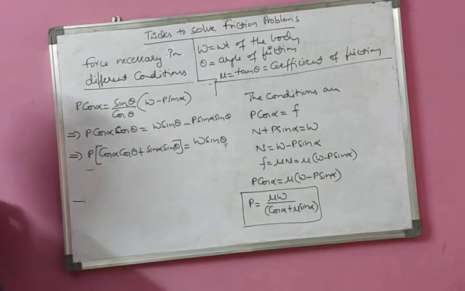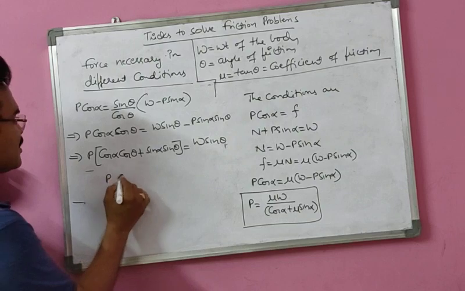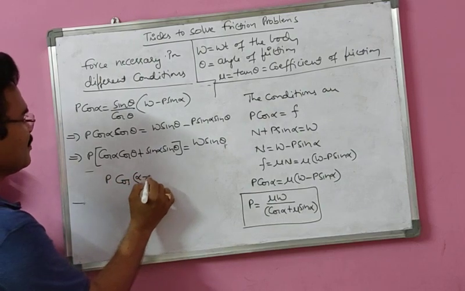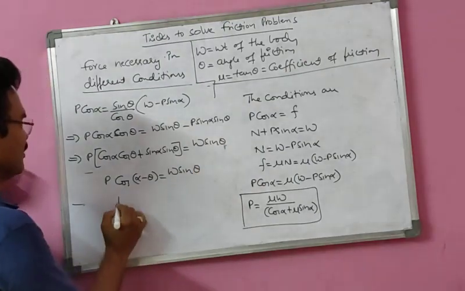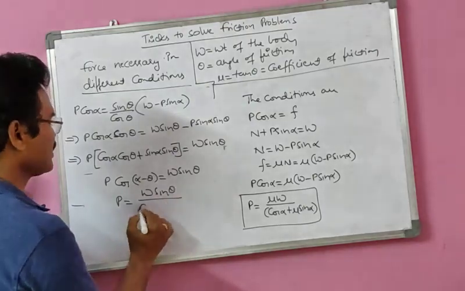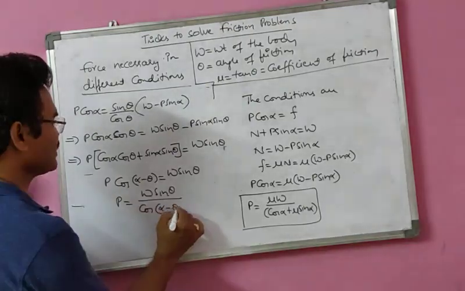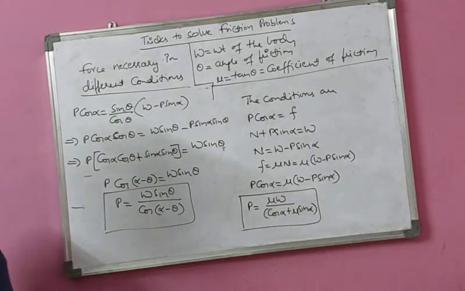And this is the trigonometric expansion of the cos (A minus B) formula. So this can be written as P cos (alpha minus theta) equal to W sin theta, and P equal to W sin theta by cos (alpha minus theta). So this is another expression in terms of the angle of friction.